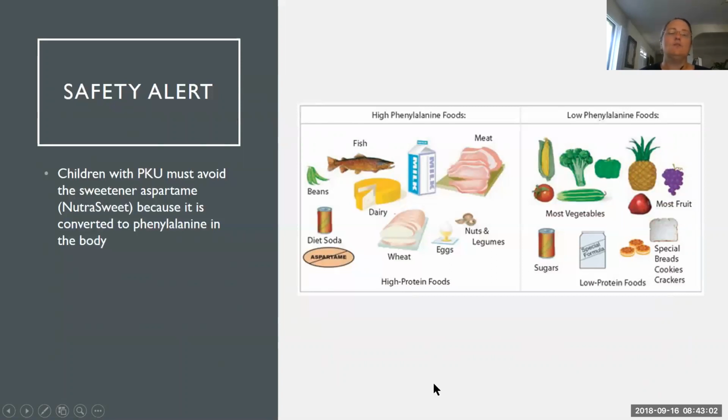And then we have to make sure that we are watching certain sweeteners. Artificial sweeteners have phenylalanine in them. Most gums have phenylalanine in them, and PKU is the inability to process that. So we want to pay very close attention to food labels, and these parents will need ongoing support with their pediatrician if their child has this.